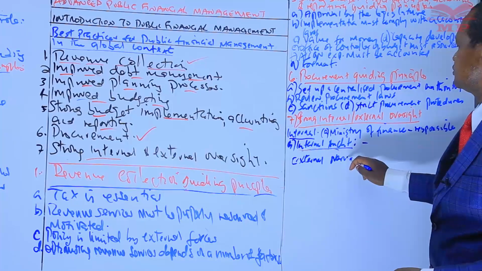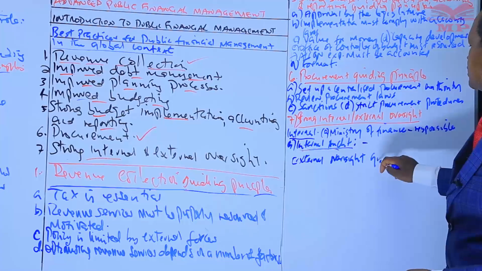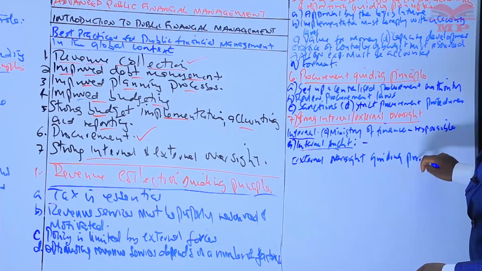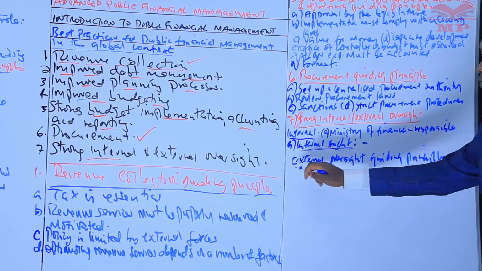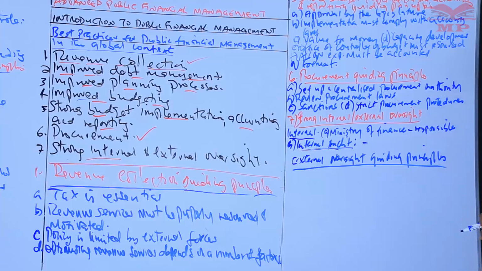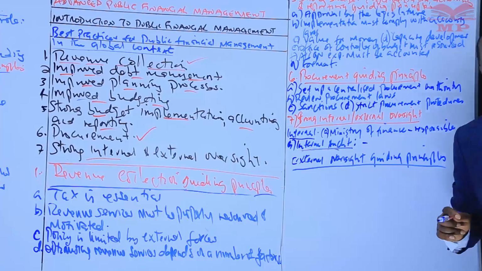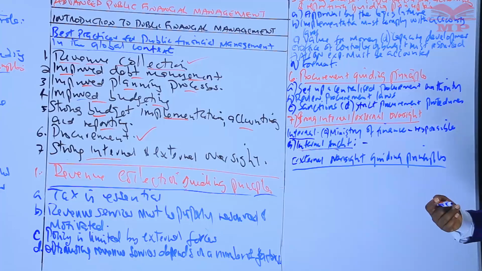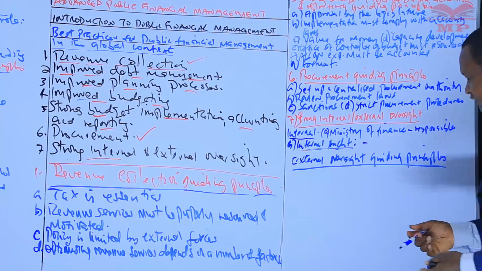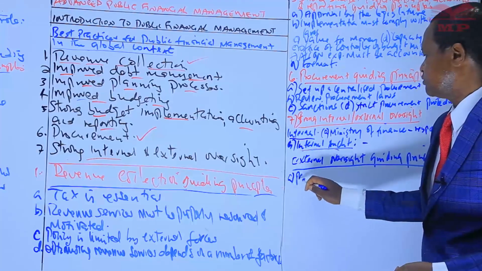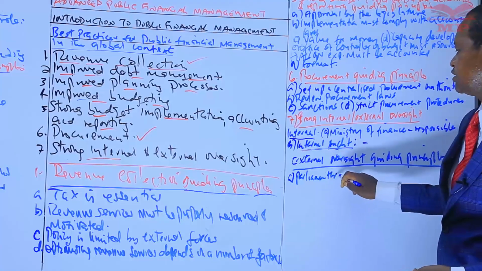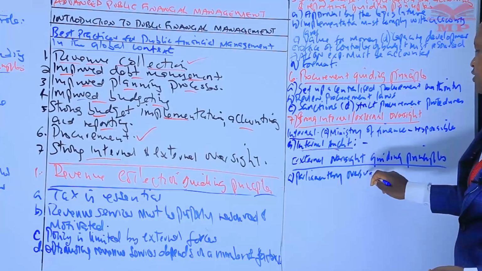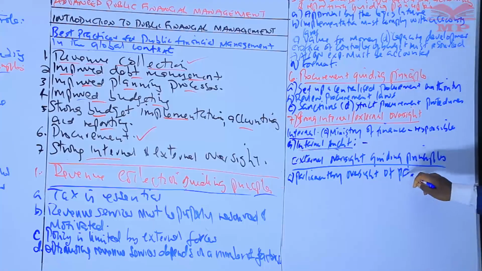Then let's discuss the external oversight guiding principles. Now, there should be what we call parliamentary oversight. One, parliamentary oversight of PFM, Public Financial Management.